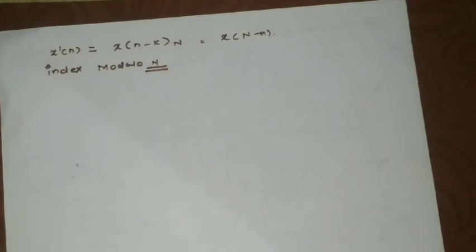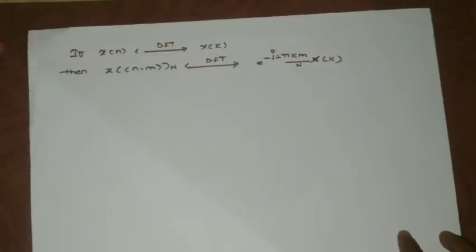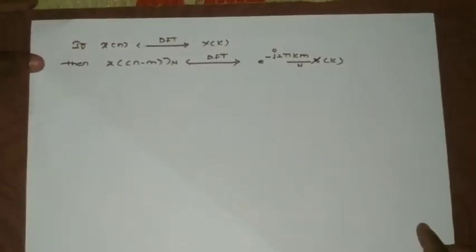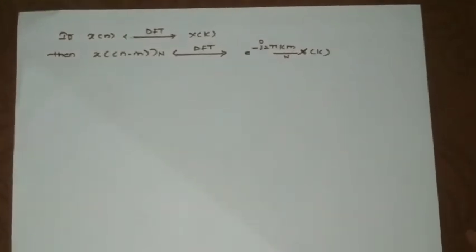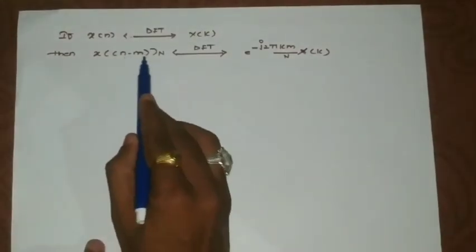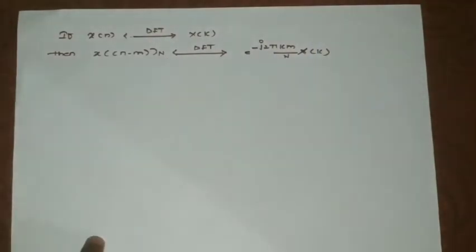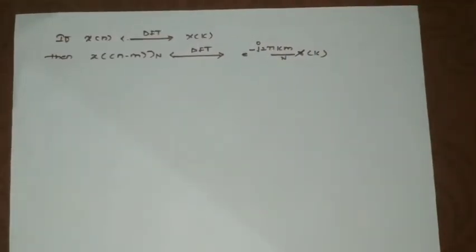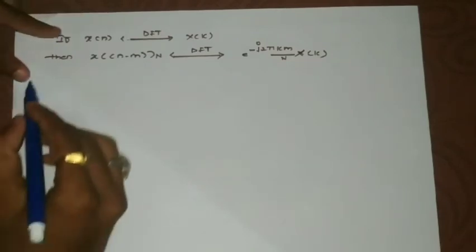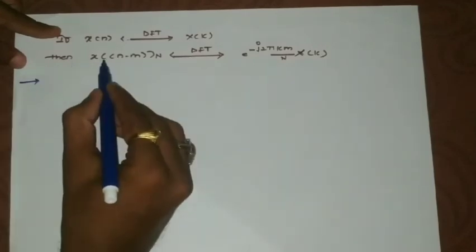Now let us see the proof. This was only the base. We'll go for the proof. So here the statement is: if x of n is a sequence whose DFT is X of k, then x of n minus m to the base m or modulo n, its DFT will be this term. Now in order to prove this property, let's try with the proof as finding the DFT of this sequence.